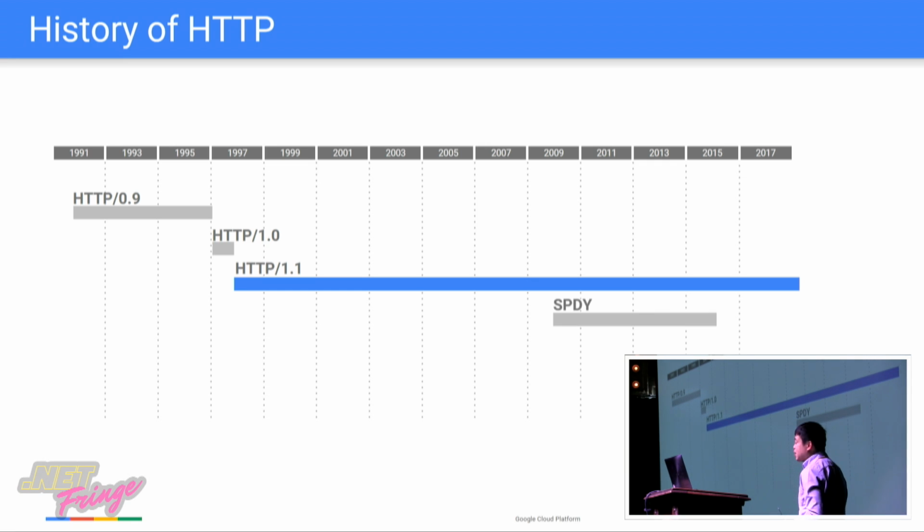SPDY achieves reduced latency through compression, multiplexing, and prioritization, depending on the combination of networks and website deployment conditions. In February 2015, Google announced its plan to remove support for SPDY in favor of HTTP2. And SPDY 2 was chosen as the basis of HTTP2.